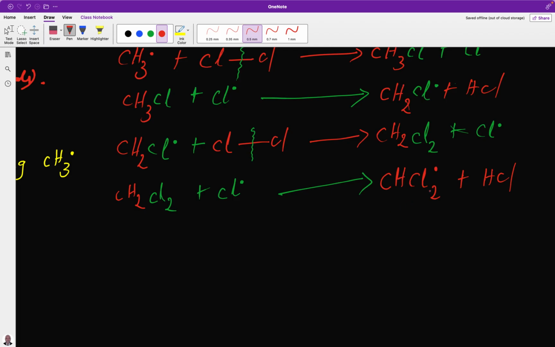Now the CHCl2 free radical is very, very reactive. So it will need what? It will need a chlorine molecule to react with.